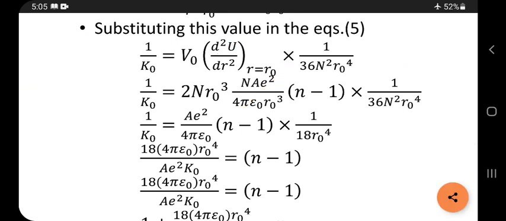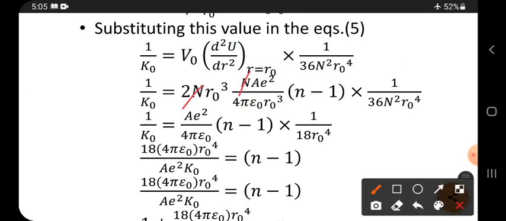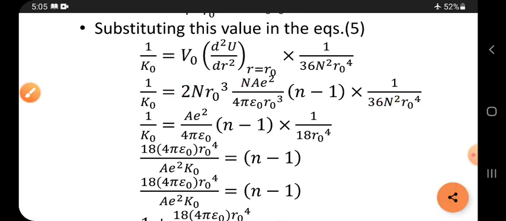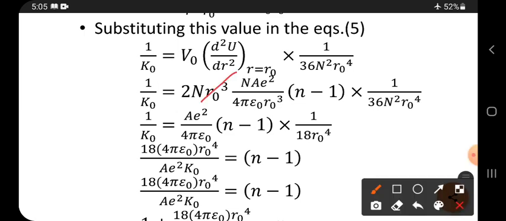Here n square cancels, and r naught cube and r naught cube cancel.